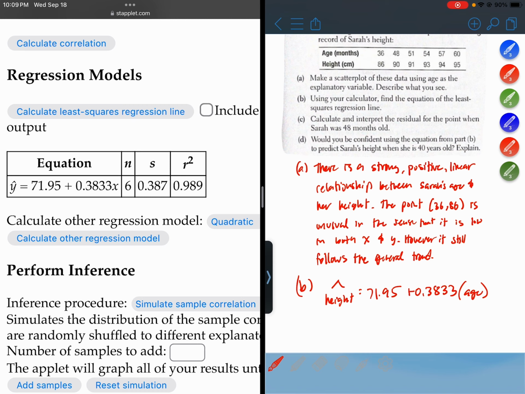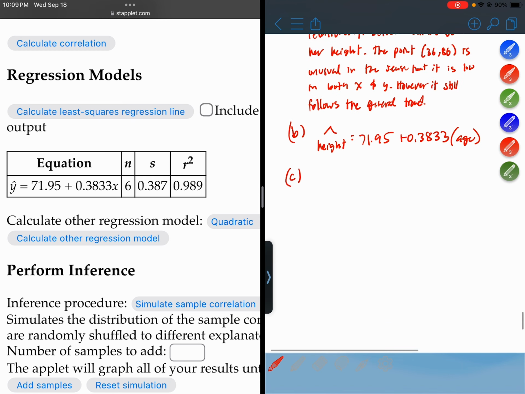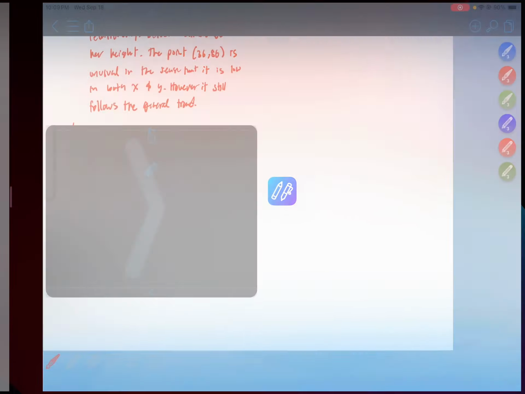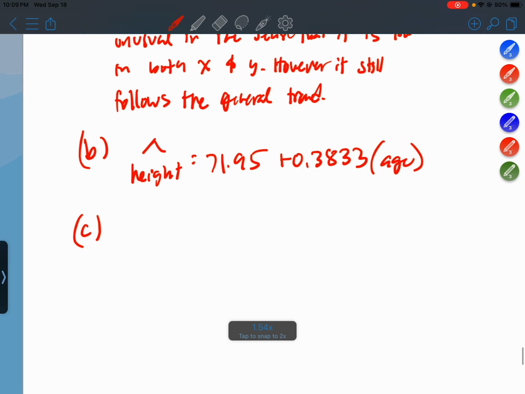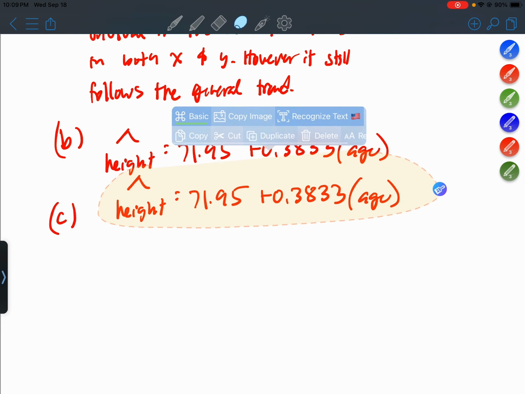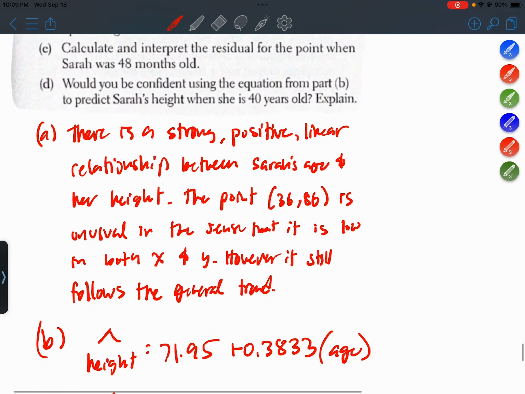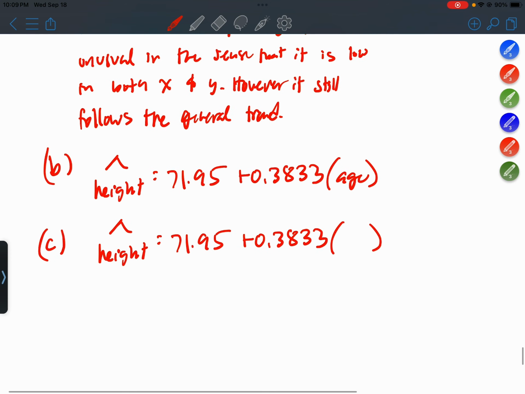All right, part C. Calculate and interpret the residual for the point when Sarah was 48 months old. Okay, so let's input 48 into our equation here. Let's duplicate that and then replace age with 48 months.